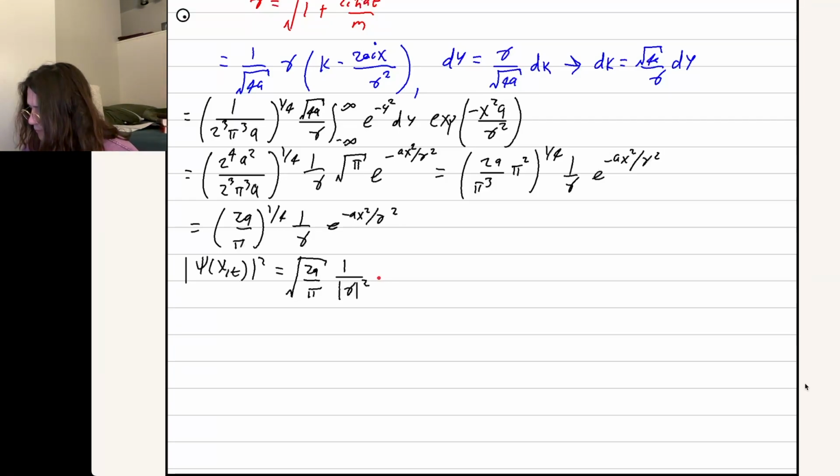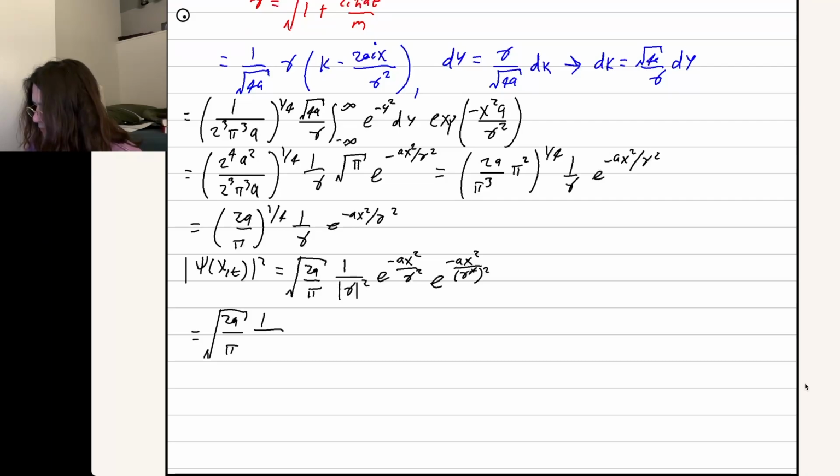And then you'll have e to the minus ax squared over gamma squared, but also e to the minus ax squared over gamma star squared, because again, it's all complex. 2a over pi, 1 over gamma squared.